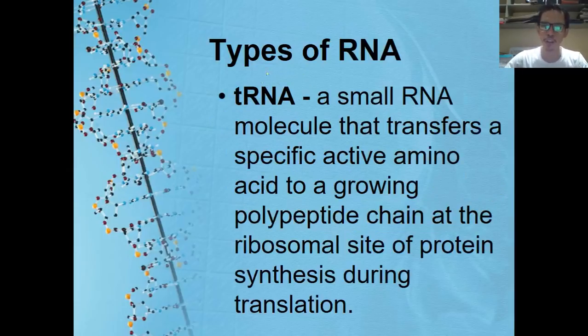Now, the tRNA, also known as the transfer RNA, transfers this particular chain of amino acids, created using the blueprint in the mRNA, to the ribosome so that it can create protein during a process called translation. From the name itself, it transfers this polypeptide chain.